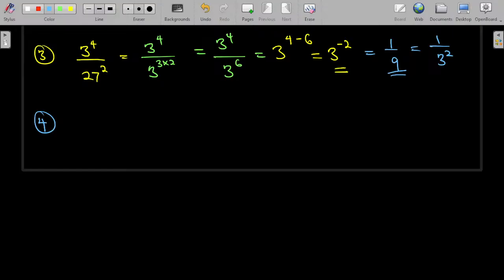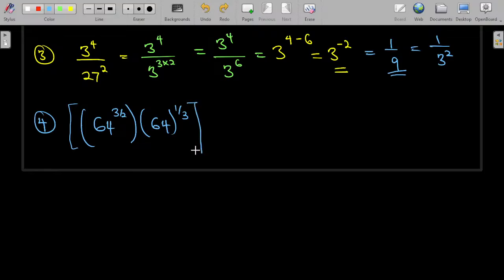Okay, so number 5, or 4, sorry, says that we are given 64 to the power of 3 over 2, and then multiplied by 64 to the power of 1 over 3, and then everything is raised to the power of 3. So what are you expected to do here?